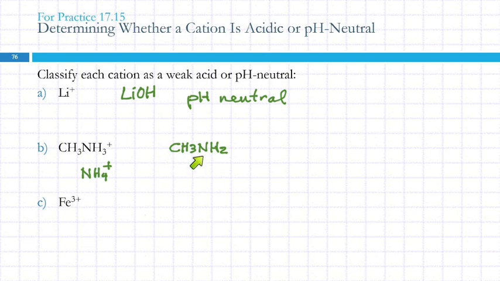You should recognize this as a base because it's got a nitrogen with carbons and hydrogens. That nitrogen has a lone pair. So you see any kind of mess like that with a nitrogen in it, that's a weak base, because I told you. So if this is a weak base, can this act as a weak acid? Yes, it can. So that's a weak acid.